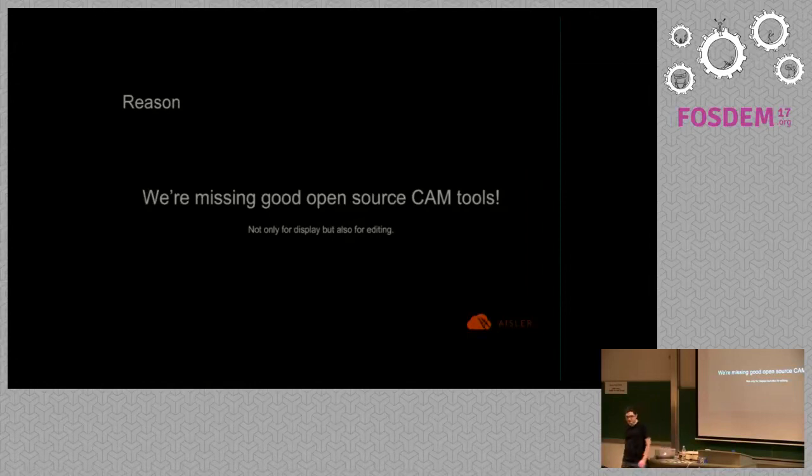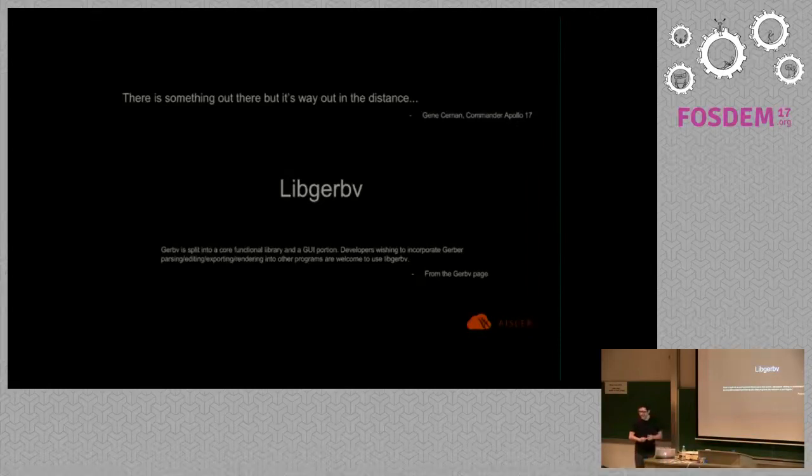But what I discovered is that actually Libgerbv, the library behind Gerbv, is able to not only display Gerber files but also to edit and save them. But none of this functionality is represented in the UI application. Everything is in the back in the library.